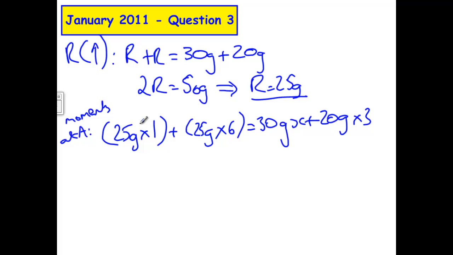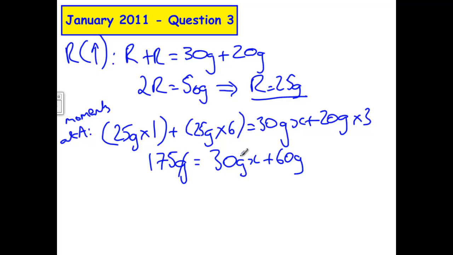Now, simplifying this equation first, on the left-hand side, I will get 175G, and on the right-hand side, I'm going to get 30Gx plus 60G.